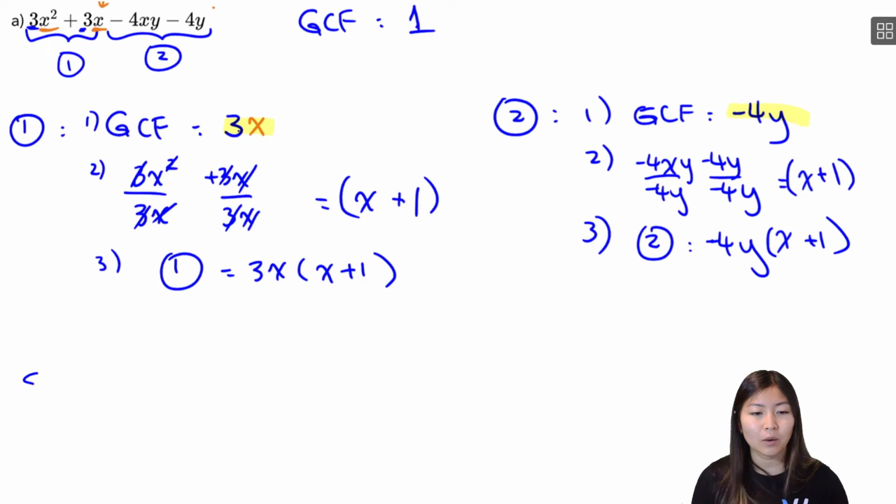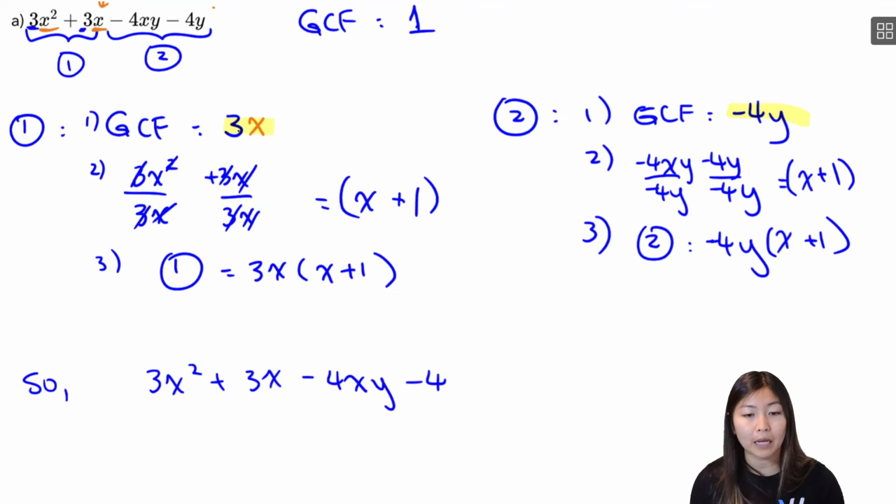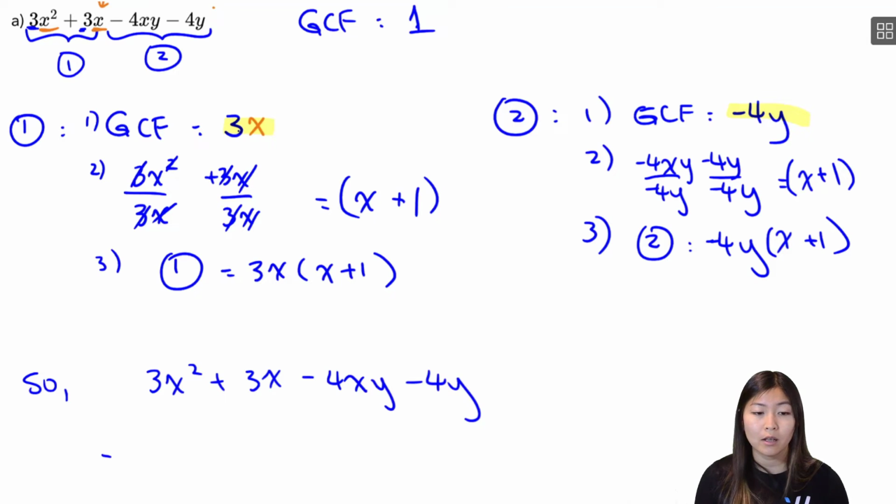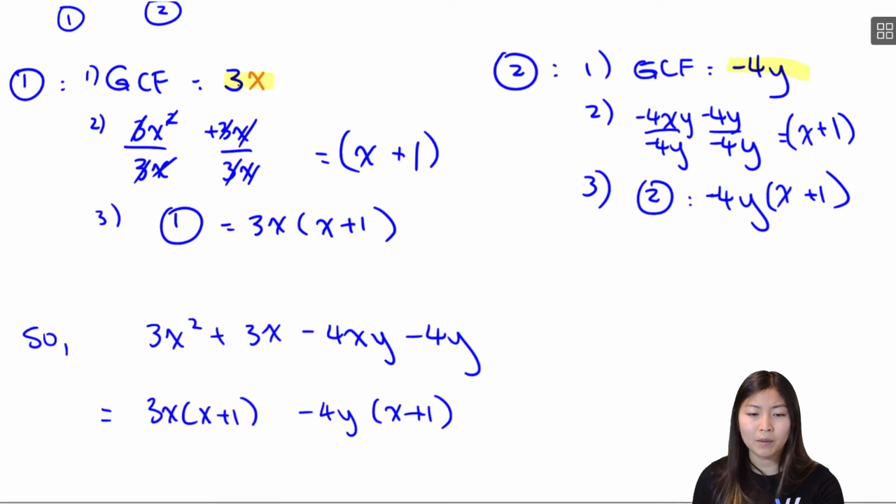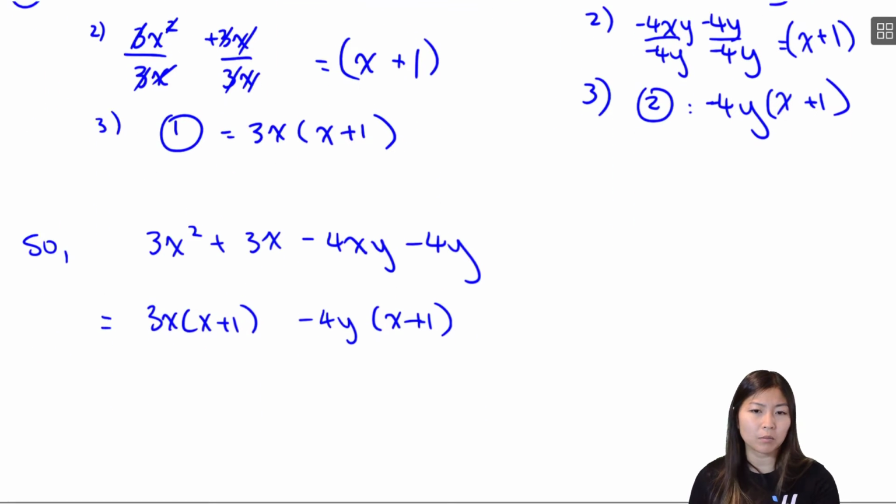Okay, so essentially what we have now is 3x squared plus 3x minus 4xy minus 4y, the original expression. We just factor that in pairs. The first pair gave us 3x times x plus 1. Second pair gave us -4y times x plus 1. So you might be thinking, okay, we just factored in pairs, but is this done?